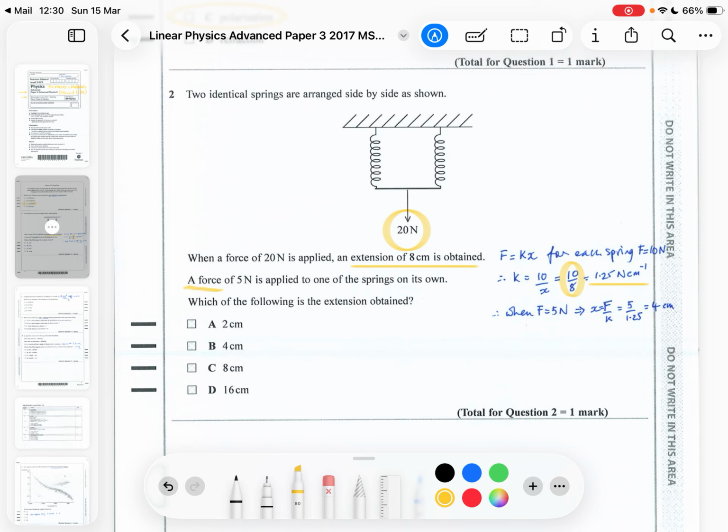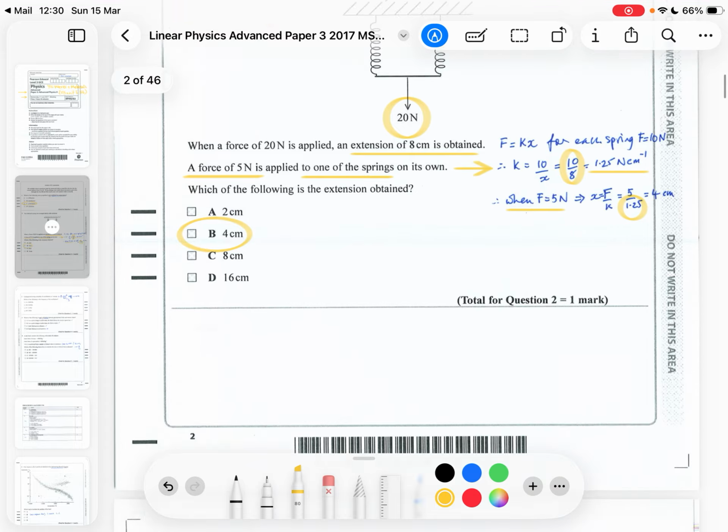It then says if you apply a force of 5 newtons to one of the springs, and we've just worked out the K for one of the springs by dividing the force by 2, dividing that by the extension given there, and you can then work out what 5 newtons will do with the same stiffness constant spring. It will create an extension of 4 centimeters.